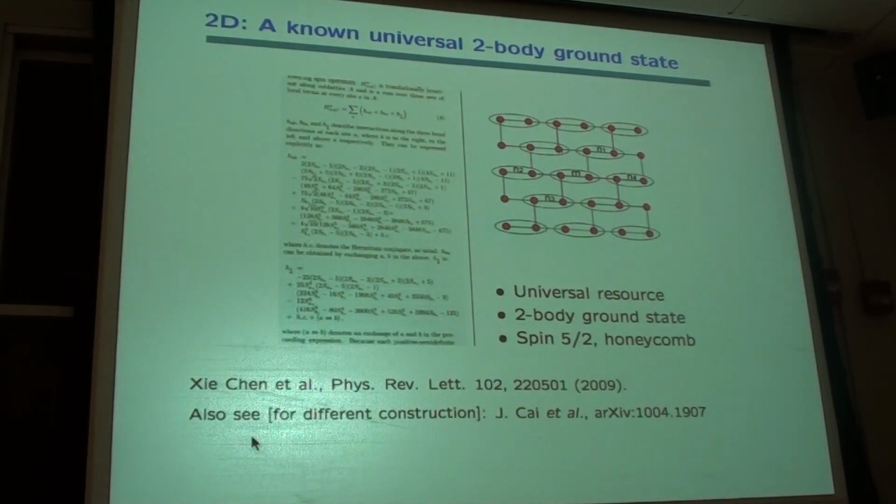But the Hamiltonian still takes up half a page if you write it down. But is it finite range? Yes, it's finite range. It is nearest neighbor. Okay, and this is the work that we are now building on.